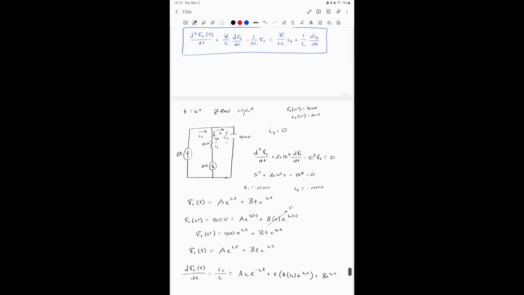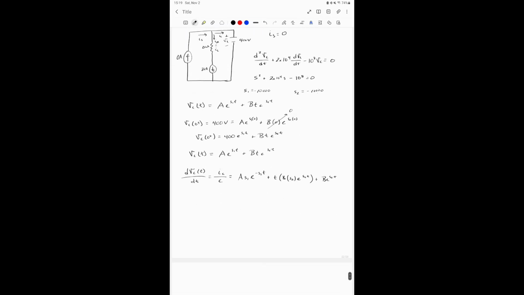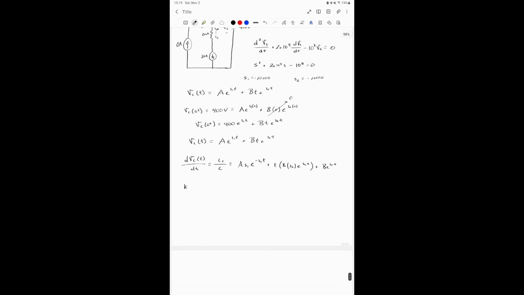Okay, now our goal is to figure out what our IC is. So your IS is 0, which means that your IR is equal to, we can do this KCL if we would like. So you have negative IS, since the IS is going in, plus IR, which if we remember is equal to IL, plus IC is equal to 0, which means that IC is equal to negative IR.